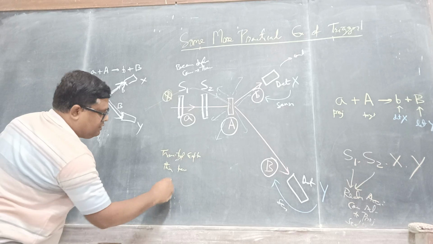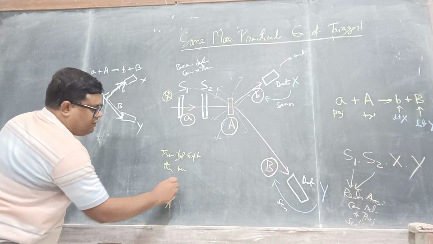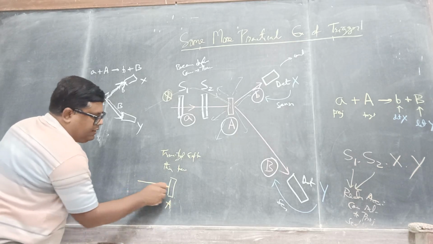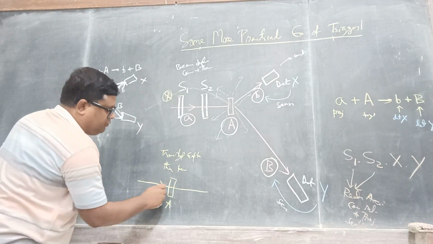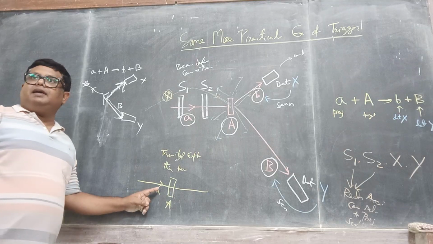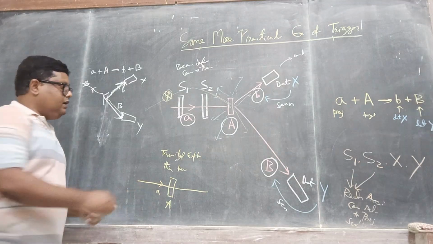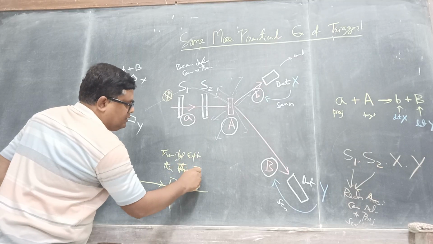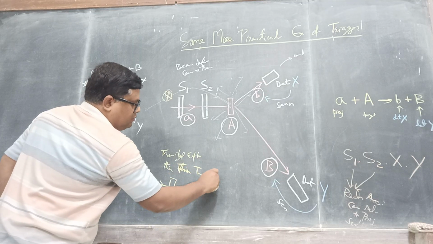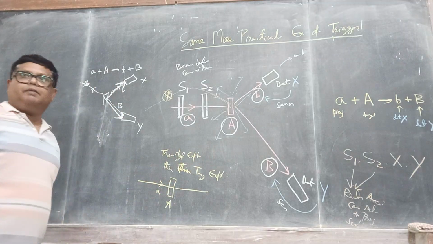The target itself, this A, is very thin, so that when A enters, it also exits. Only a small part of A actually undergoes the reaction. This is basically a thin target experiment.